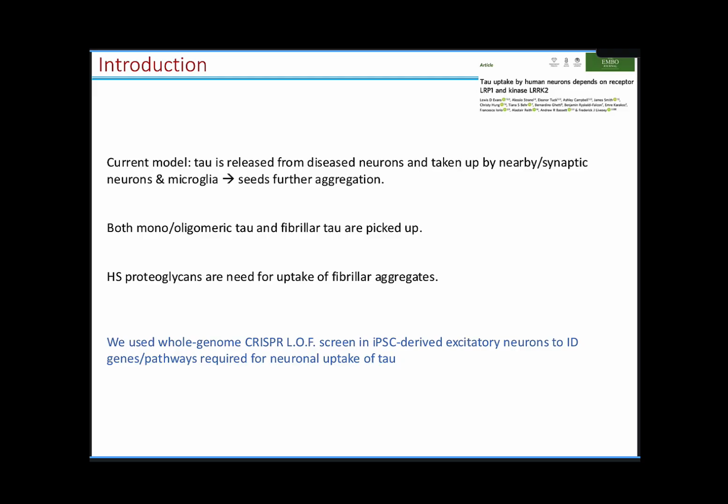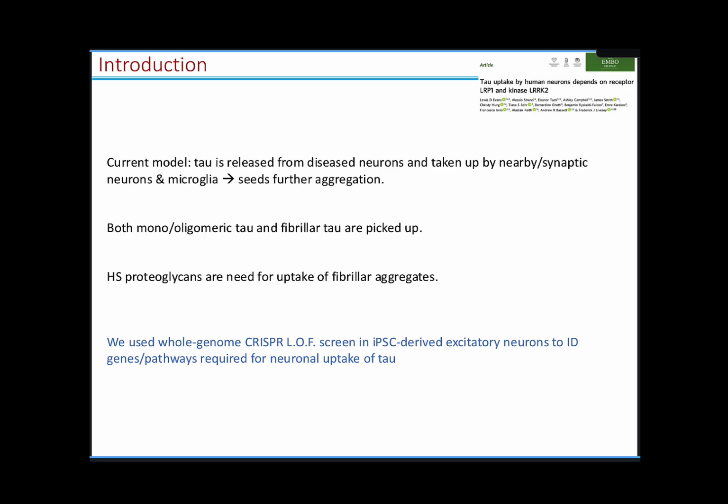One thing that will be important in the context of this paper is that monomeric and oligomeric tau and also fibrillar forms, the tangles of tau protein, can be picked up by neurons. So it's not only the monomeric tau molecules that get endocytosed by neurons, all three forms can be endocytosed. But as we will see in the paper, not through the same mechanisms.